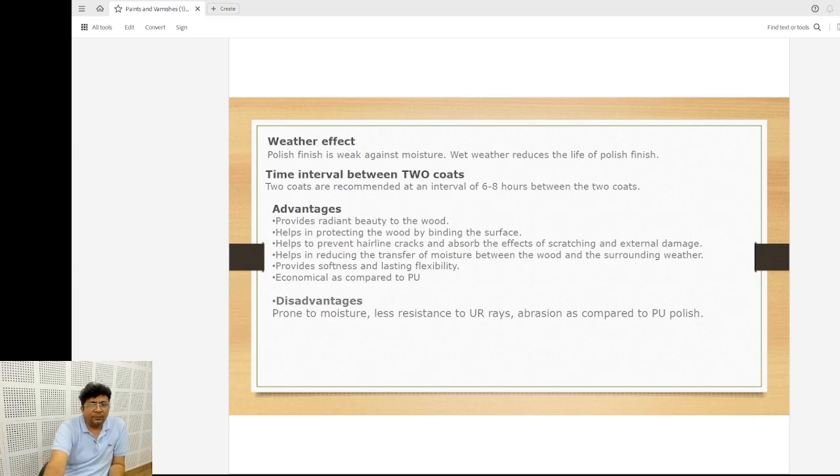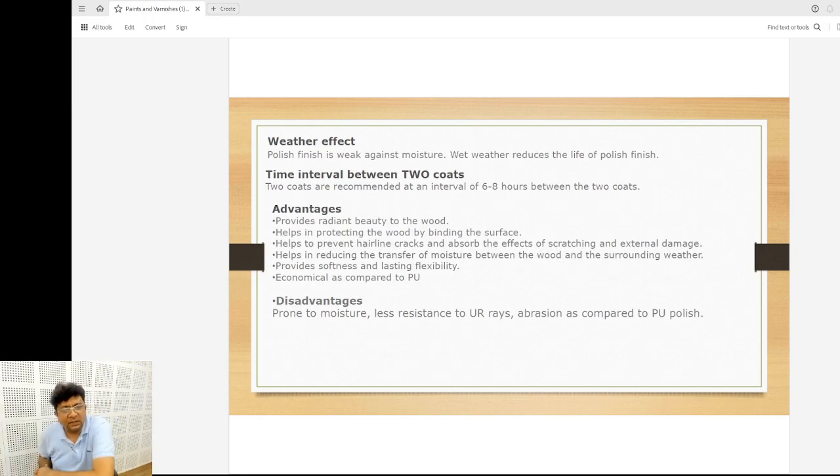It is also very important to note that two coats are recommended at an interval of 6 to 8 hours between the two coats. Two coats or three coats should be applied over the final surface of the furniture, and the time duration between any two coats should be around 6 to 8 hours.